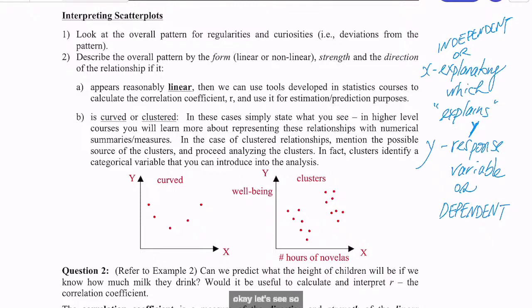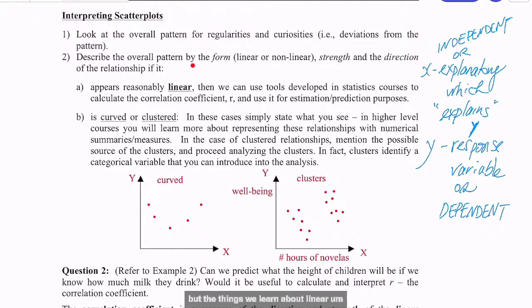Okay, let's see. So you would look at the relationship. If it's not linear, maybe you have a curve type relationship, or maybe you have clusters, okay? It's important that you note what you found descriptively. If you have higher level statistics course training, or you're capable of reading a statistics manual, or even in economics, you can learn how to transform this variable so that you can make it a predictive relationship.